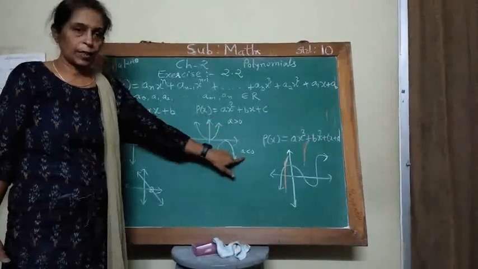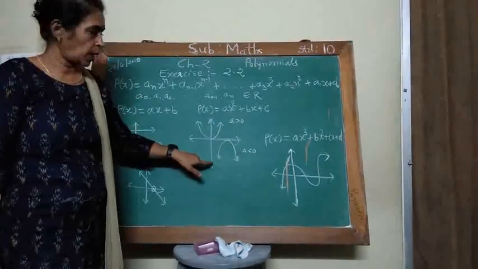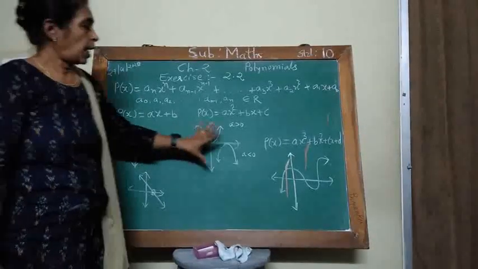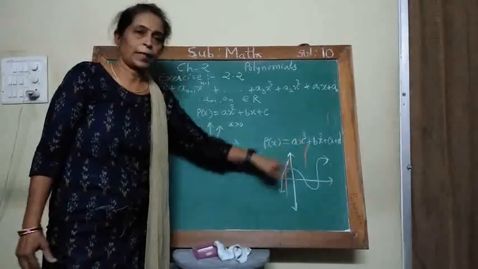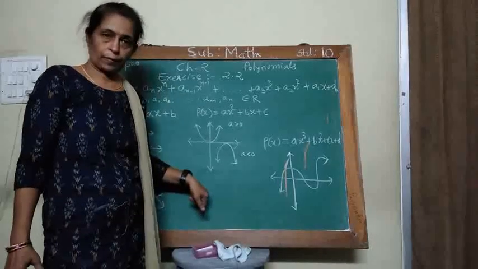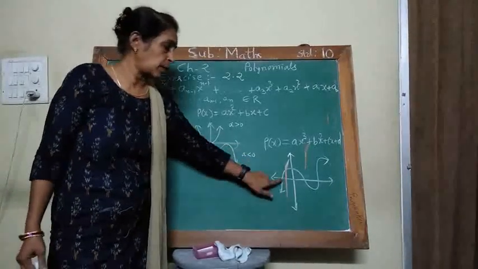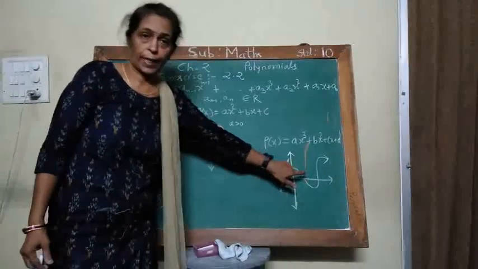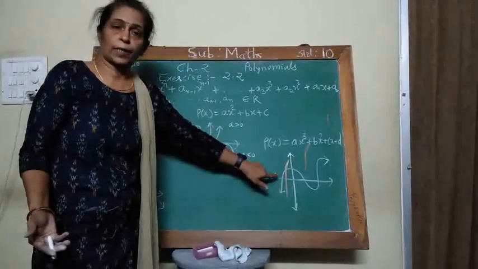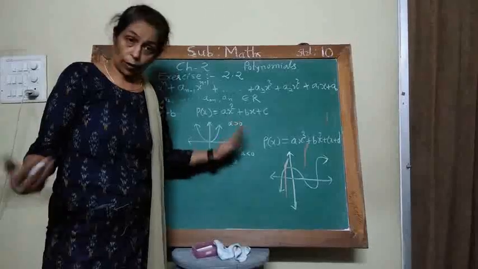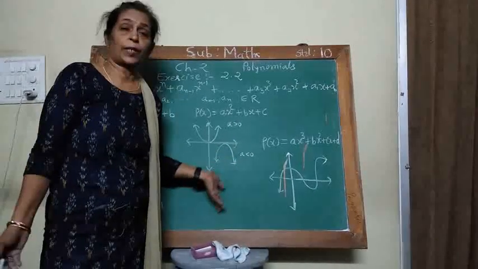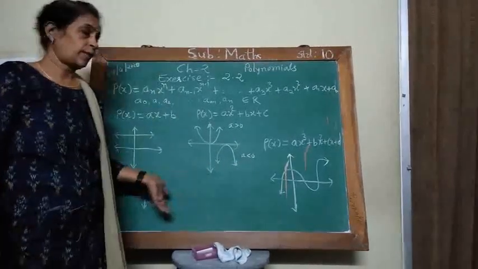If a is less than 0, then it is a downward parabola. And for a cubic polynomial, any type of curve you obtain depends upon the polynomial. It may intersect the x-axis at 3 points or 2 points, or it may not intersect the x-axis at any point, whatever.